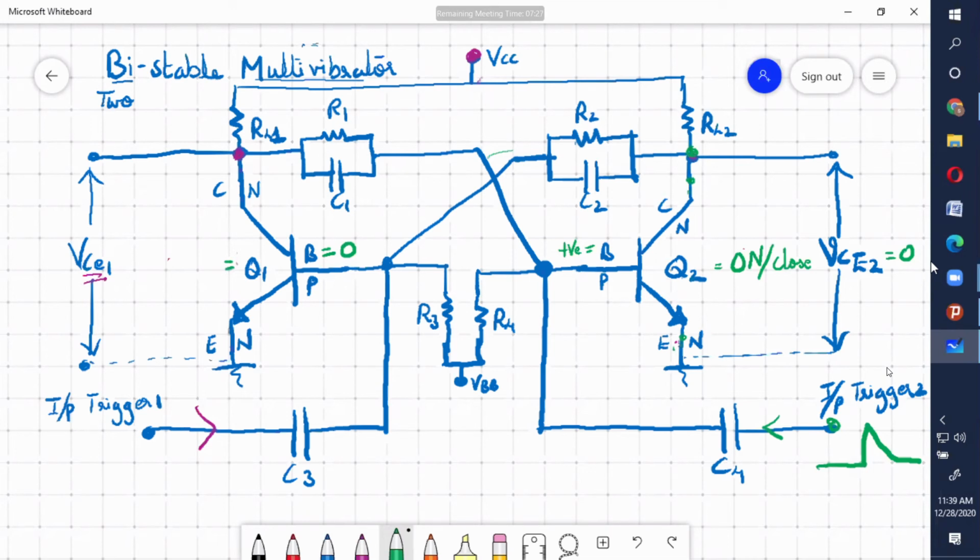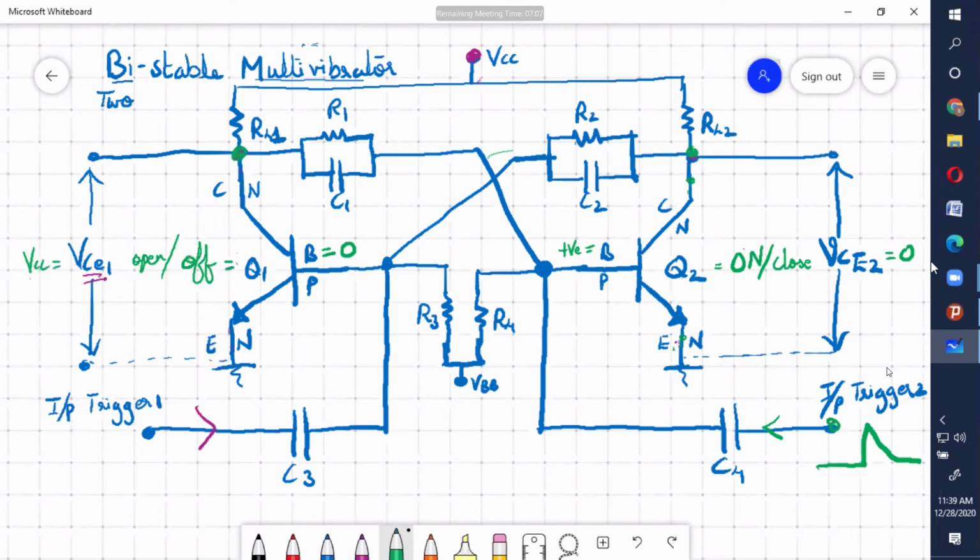Off. If it is off, it will act as what? An open switch. It means this collector and this emitter are not joined together. Then what will be the value at this point? VCC. Correct?